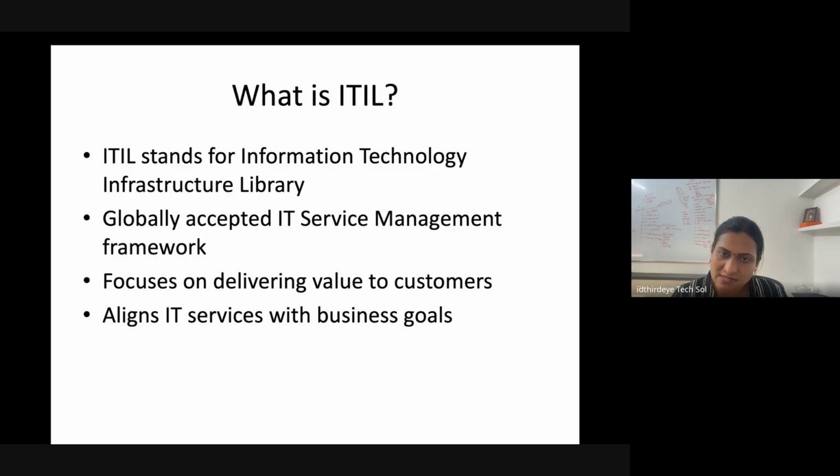The kid has to study kindergarten, then at least 4 years in primary, at least 5 years in secondary, and then 2 years in higher secondary. So this is a centrally, globally accepted framework for educational institutions.